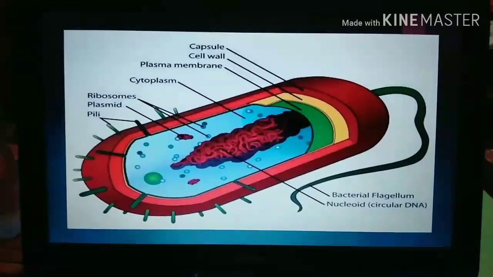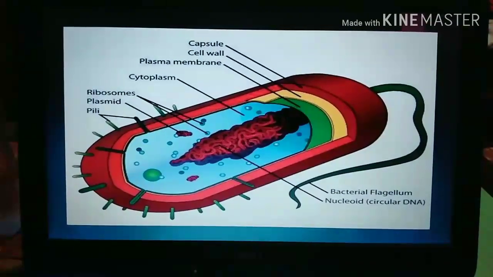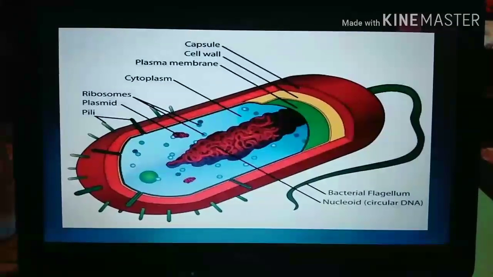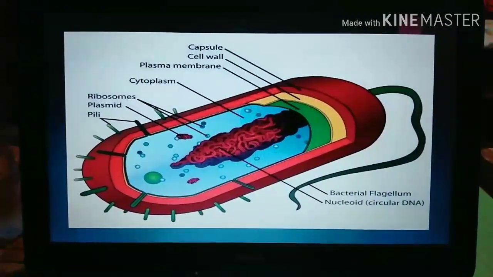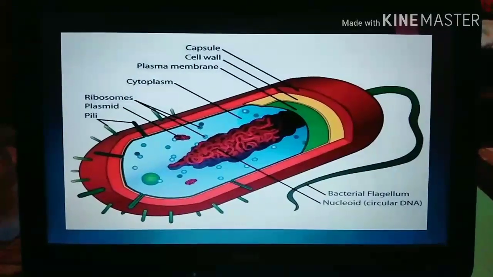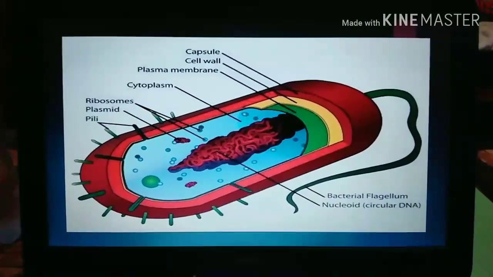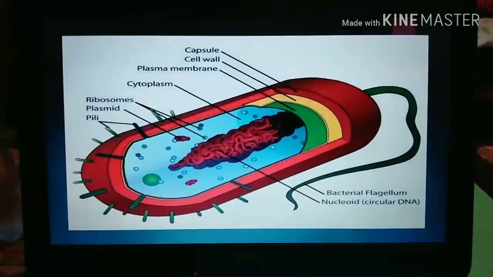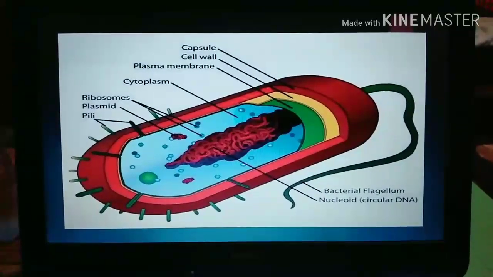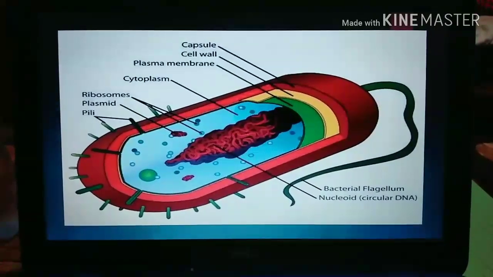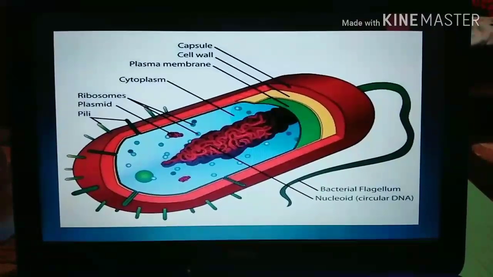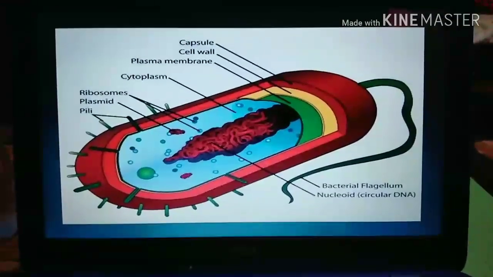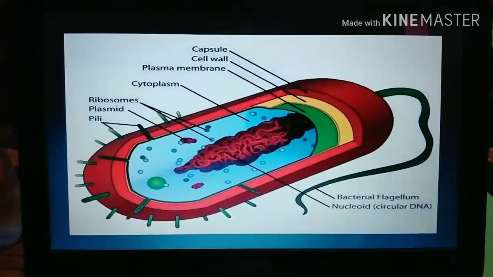The cell membrane is a thin lipid bilayer that completely surrounds the cell and separates the inside from the outside. It is also selectively permeable. Therefore, the membrane controls which substances may enter or leave the cell.